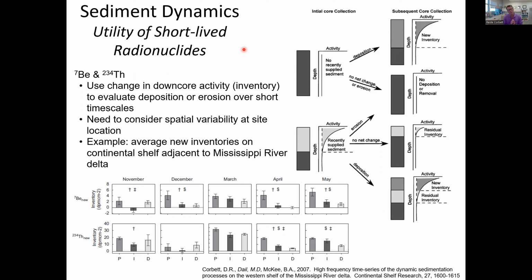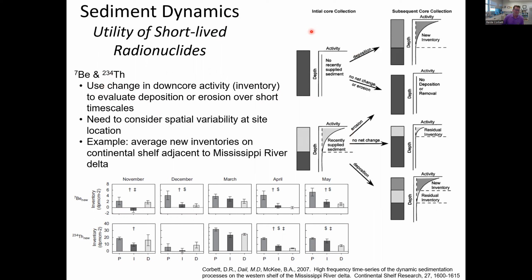You can actually use these radioisotopes to understand deposition and erosion, not just the deposition of sediments, but you can look at these dynamics in a system, deposition and erosion. And the way that works is by going out, collecting that initial core, and analyzing these short-lived radioisotopes for beryllium-7 and thorium, and seeing what you have.